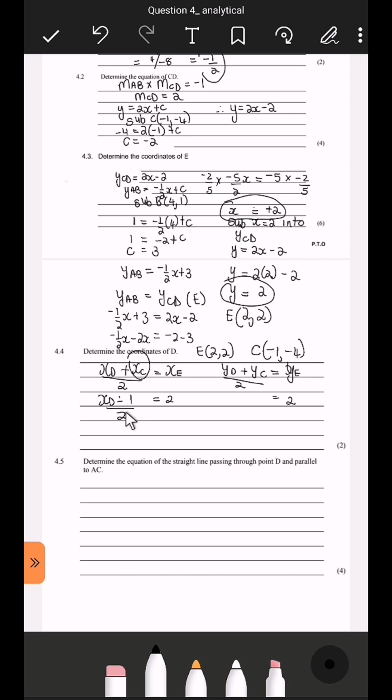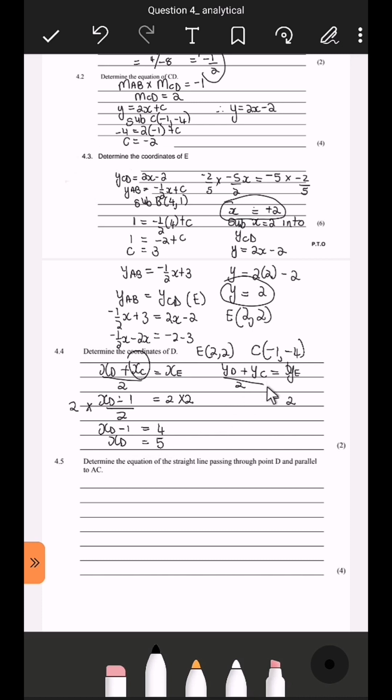And then we multiply both sides by 2. Then we'll have x of D minus 1 equals 4. That means x of D is equal to 5.